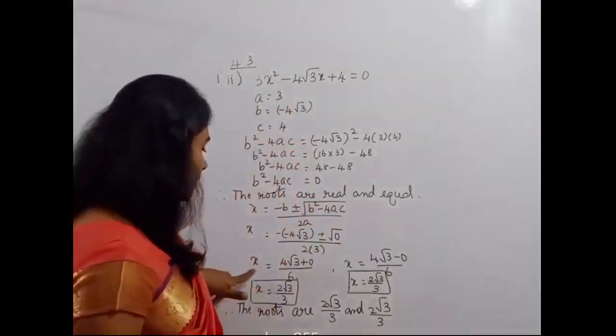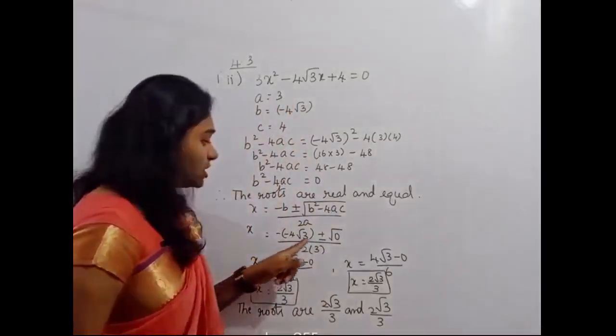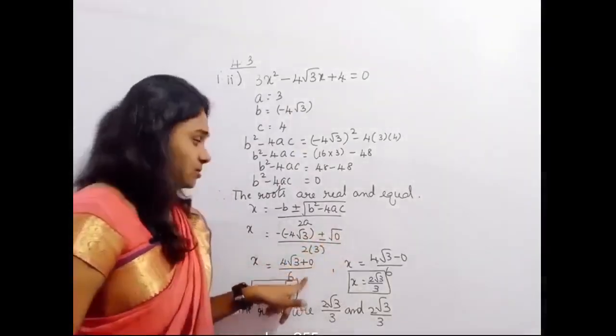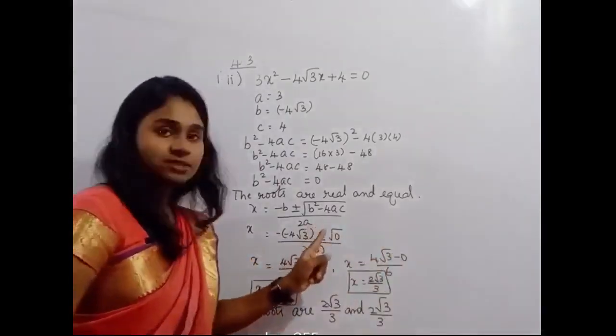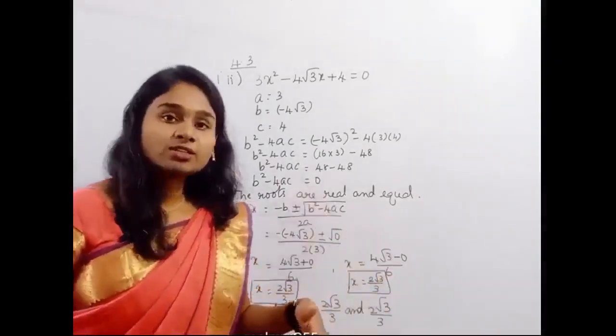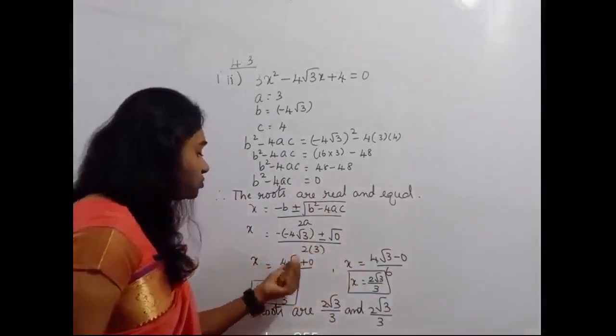So x is equal to minus into minus is plus 4 root 3 plus 0 divided by 6, or 4 root 3 minus 0, because it is plus or minus, divided by 6. Either way, when you add 0 or subtract 0, you get 4 root 3. So x is equal to 4 root 3 upon 6.